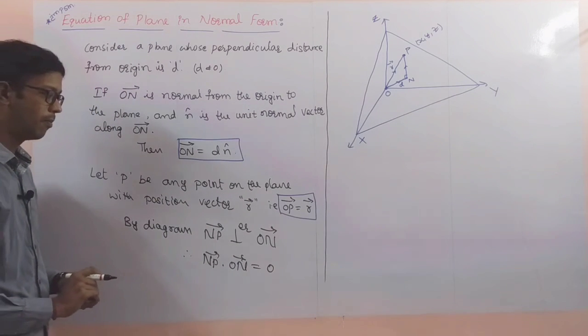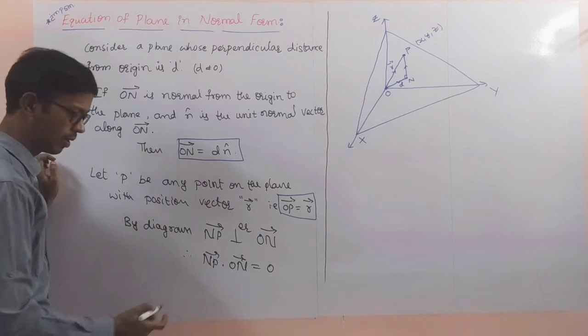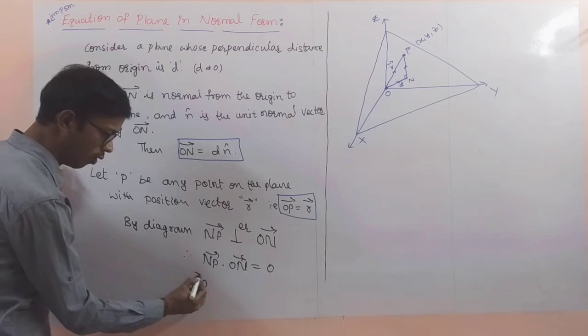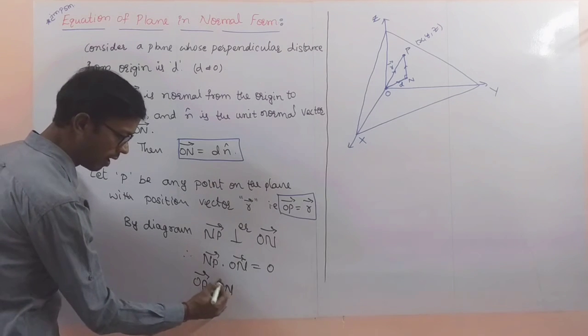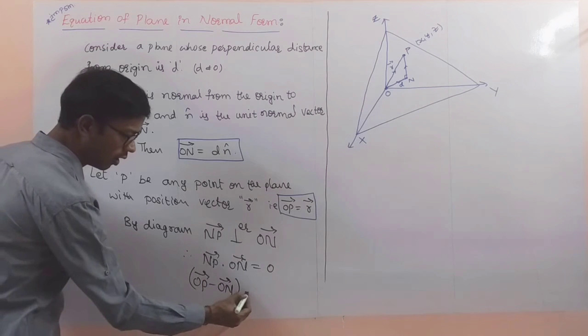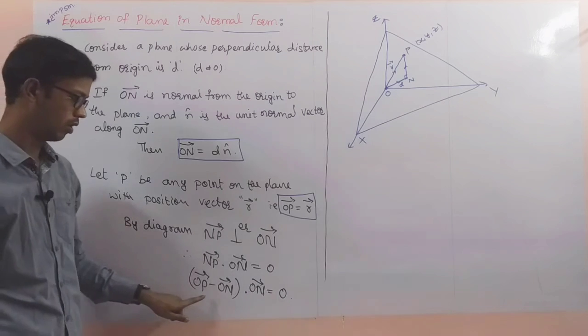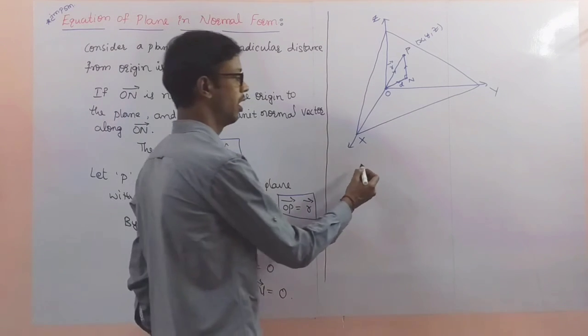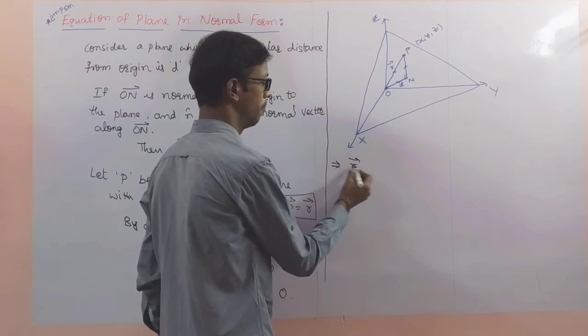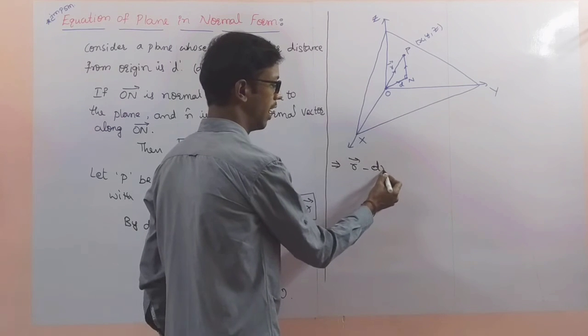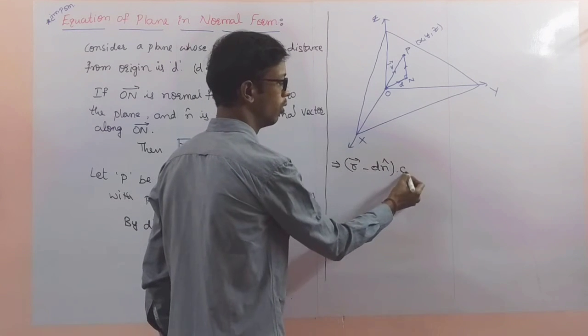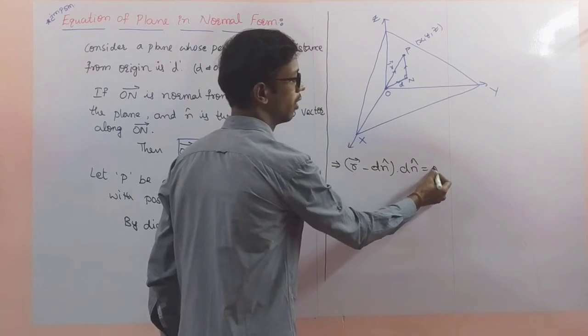Now, NP bar is nothing but OP bar minus ON bar, dot ON bar, equal to 0. Now substitute all values here: (R bar minus d n cap) dot d n cap equal to 0.